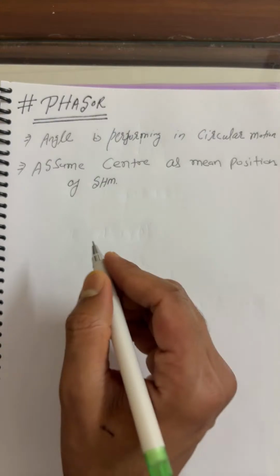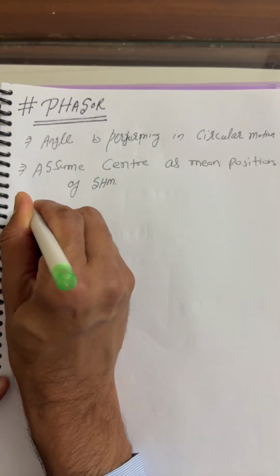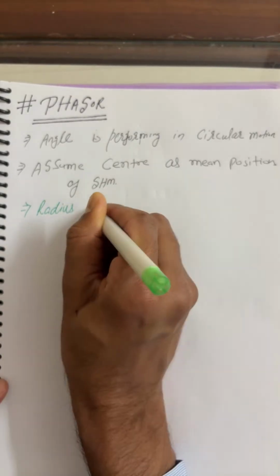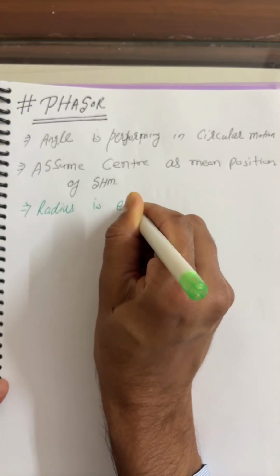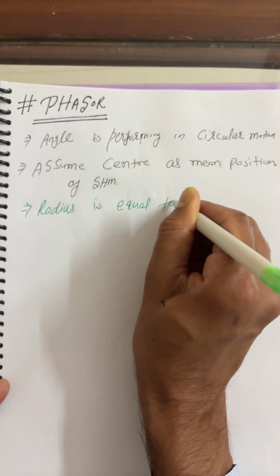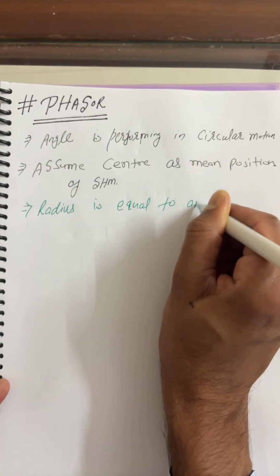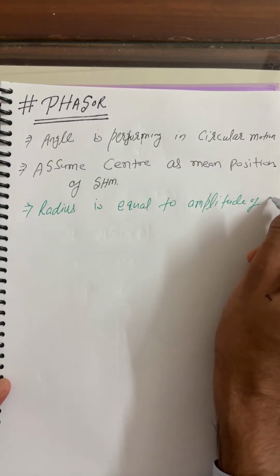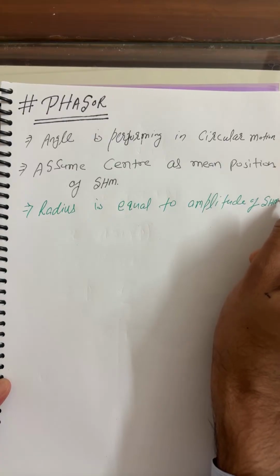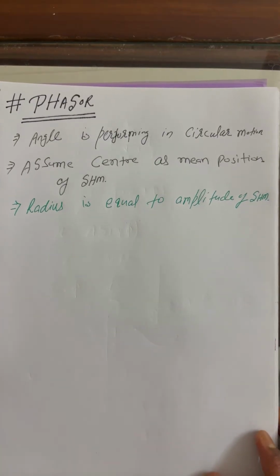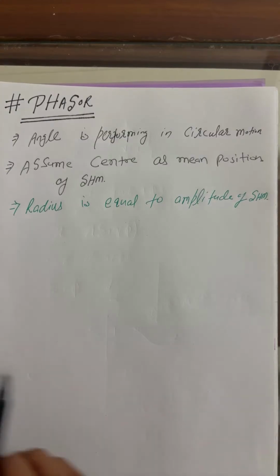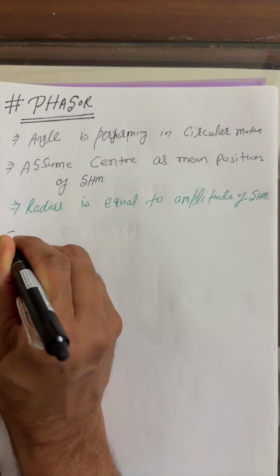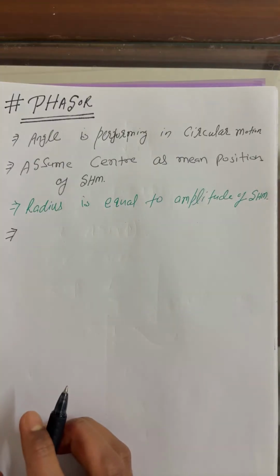Point number 3: radius is equal to the amplitude of SHM. Always, this is literally very, very important.